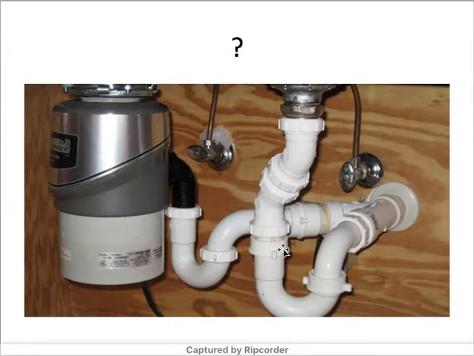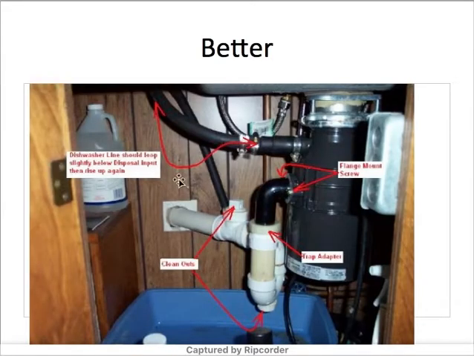If you can, use a single trap right there. You want to be able to come right down into your P-trap. Probably could have spun that around, done something different. That's all. This is a nicer job.